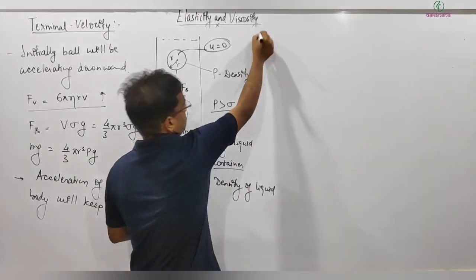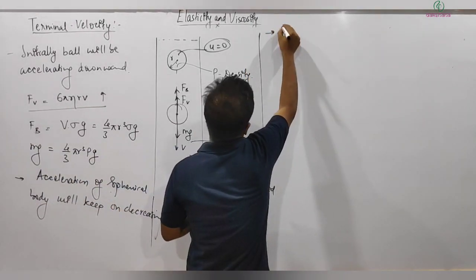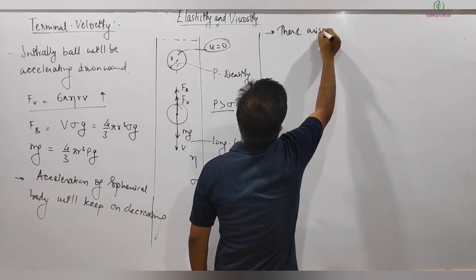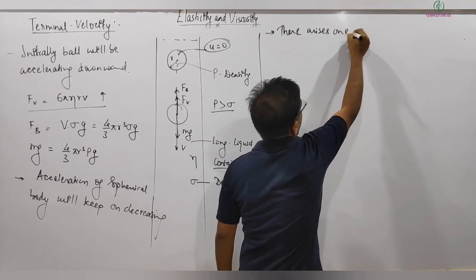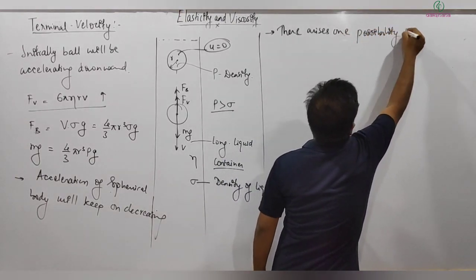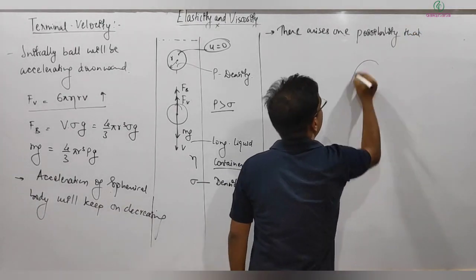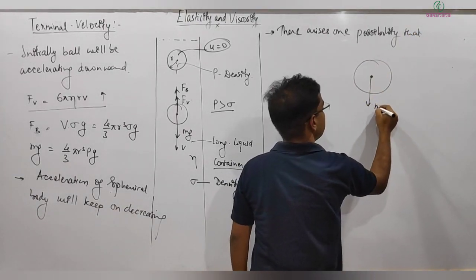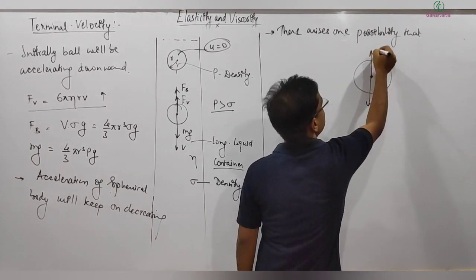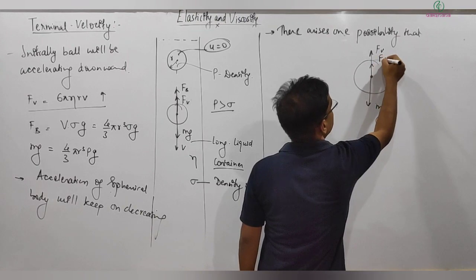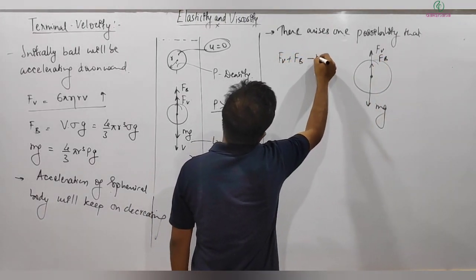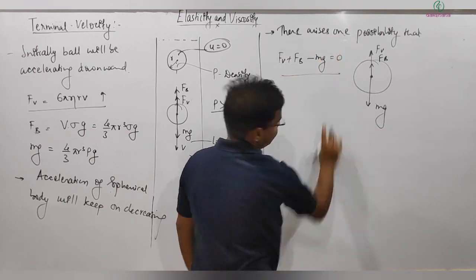So there arises one condition that on this ball, downward force mg, upward force viscous and buoyancy force: viscous plus buoyancy force minus mg is exactly cancelled.